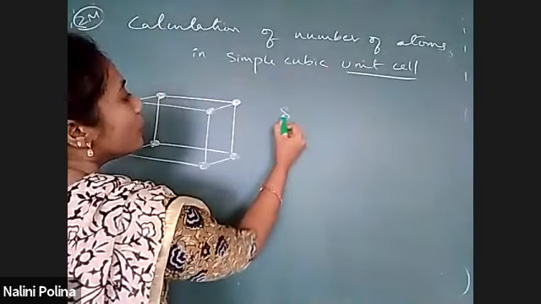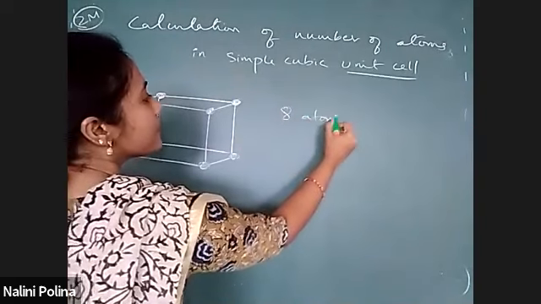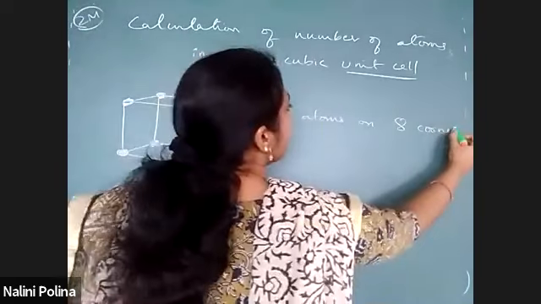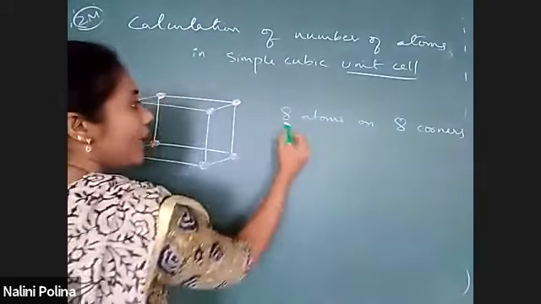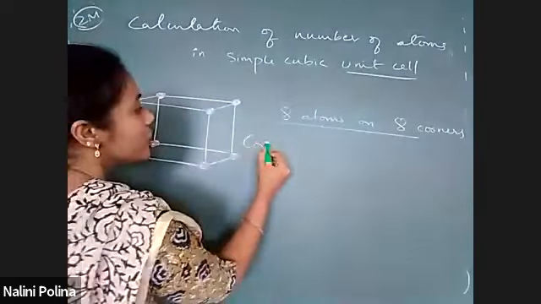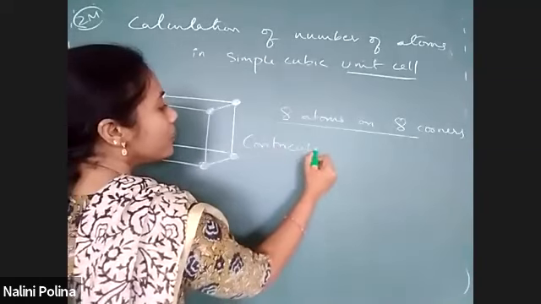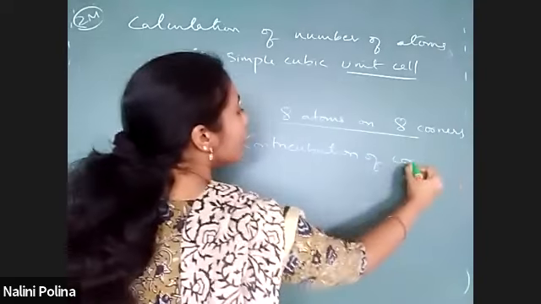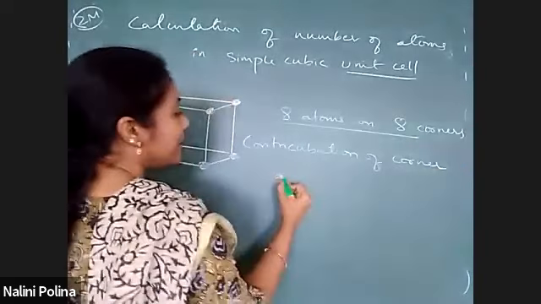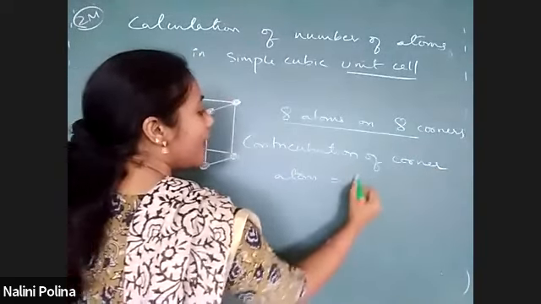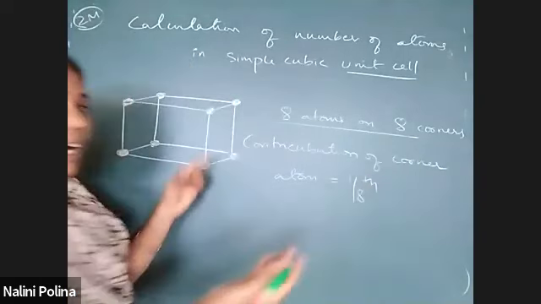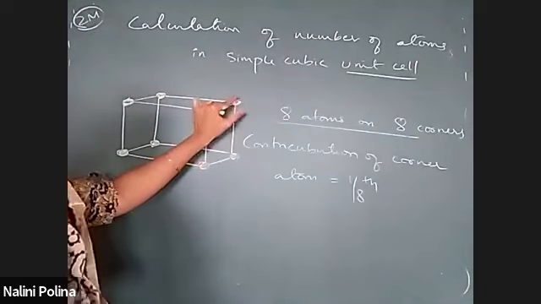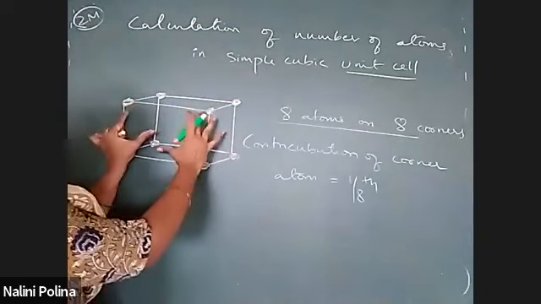So 8 atoms on 8 corners, and we all know the contribution of a corner atom is 1/8. Each corner atom, a complete atom will not belong to this unit cell.